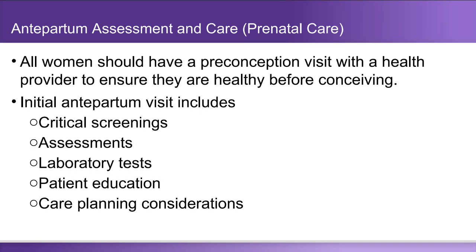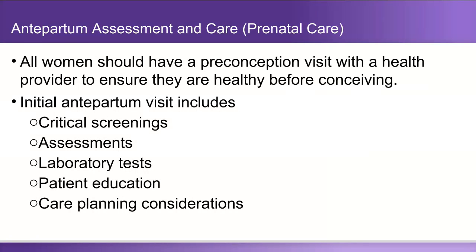For example, we really encourage folic acid, which helps prevent neural tube defects. Folic acid is especially critical in the first 6 weeks of pregnancy, and a lot of times women don't even know they're pregnant during those first 6 weeks. So they can start taking a prenatal vitamin before they're even pregnant to get the benefits of the folic acid.